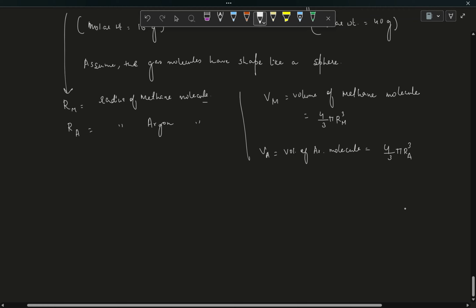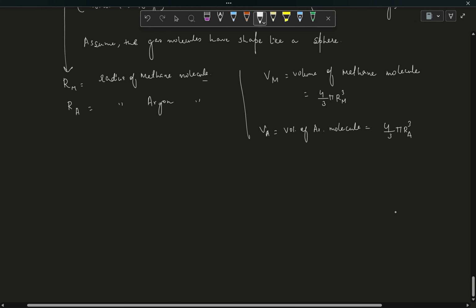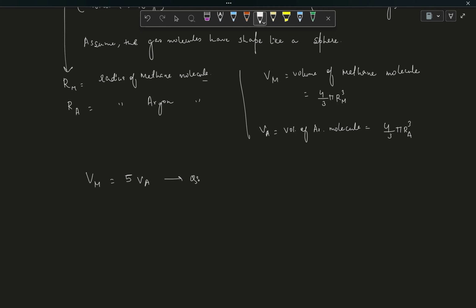This is the simple volume formula for a sphere that we have taken. Another piece of information given in the question is that the volume of the methane molecule is 5 times the volume of the argon molecule.